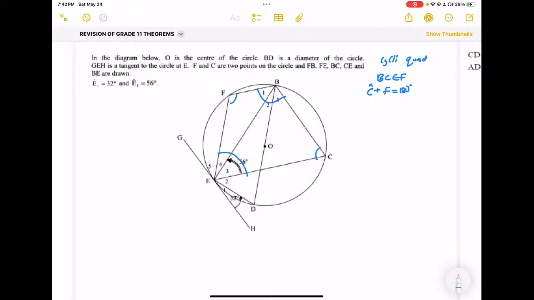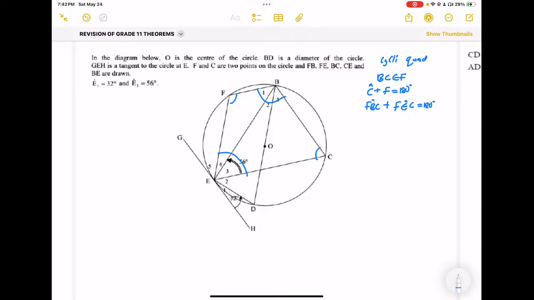Like we call it, FBC plus FEC equals 180 degrees, the same reason, all right? And that's all about the cyclic quad.